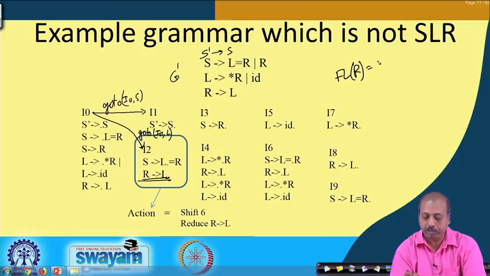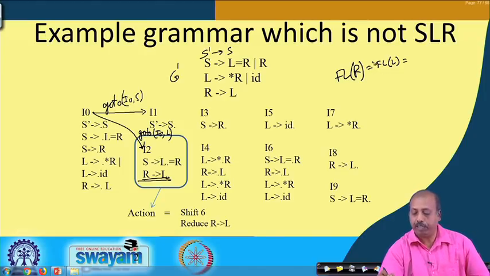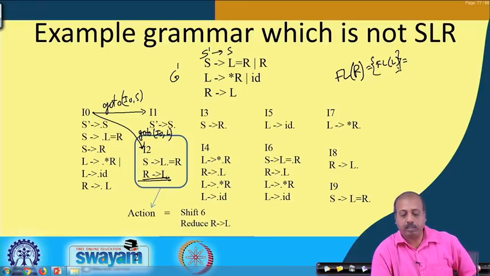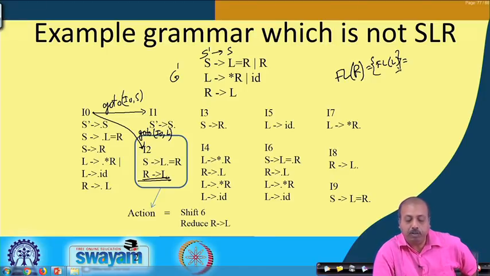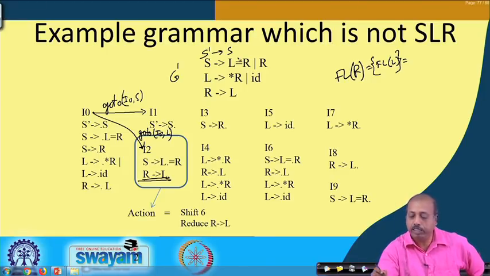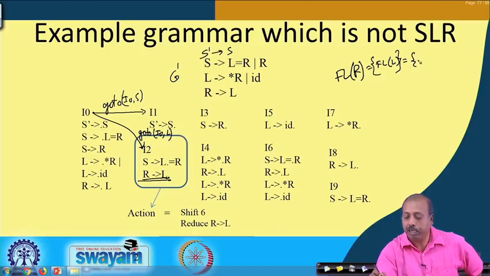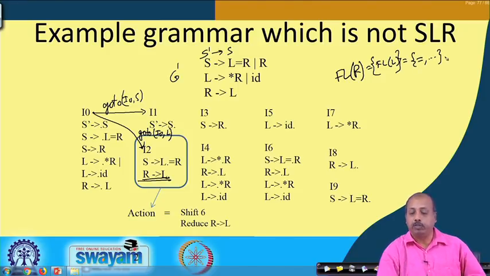By this rule L producing star R, whatever is in follow of L is in follow of R. So follow of R will contain follow of L; it may contain something more, but it will have follow of L, and follow of L has the equality symbol. So among the other symbols, the equality symbol will definitely be there. So follow of R contains equality.